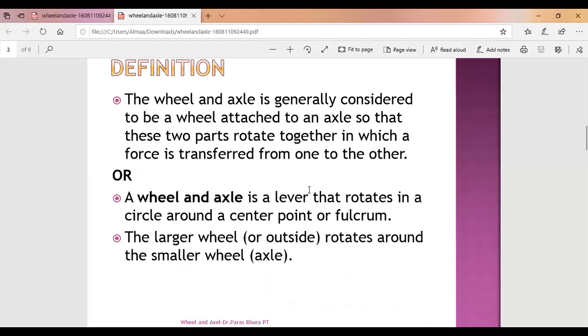The wheel and axle is a lever that rotates in a circle. Every wheel you can see with your eyes is an example of a circle. It moves in a circle. The larger the wheel, like when you have a very large wheel, you will have what?